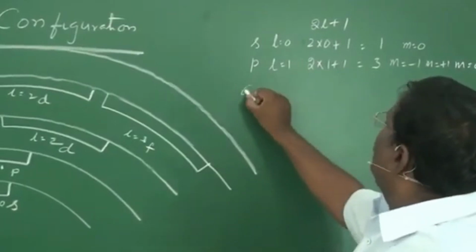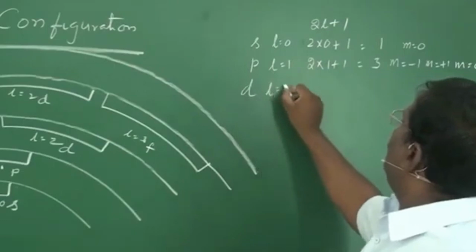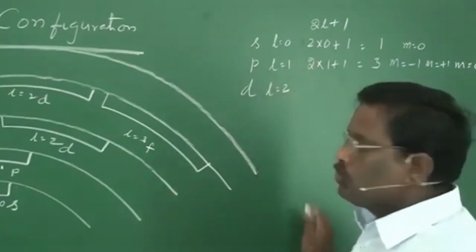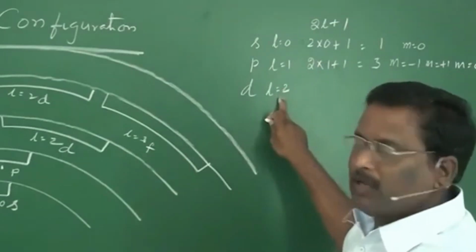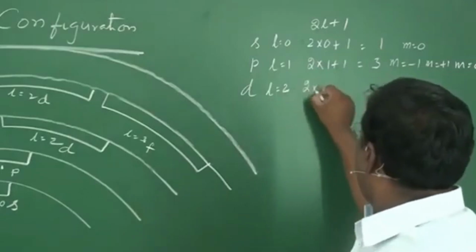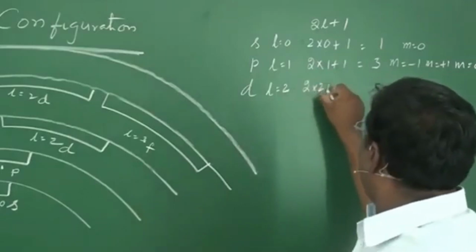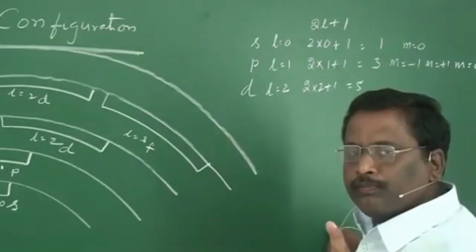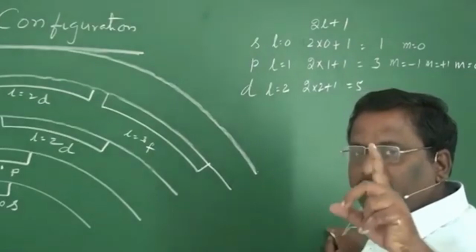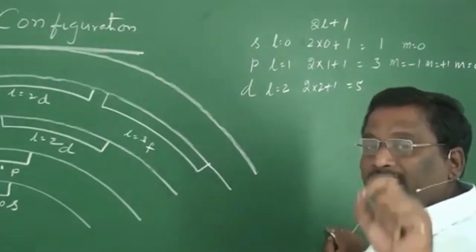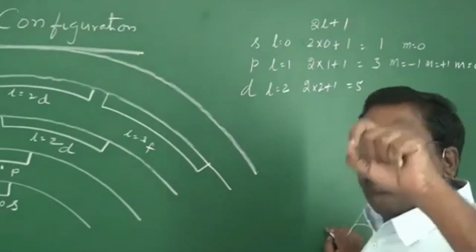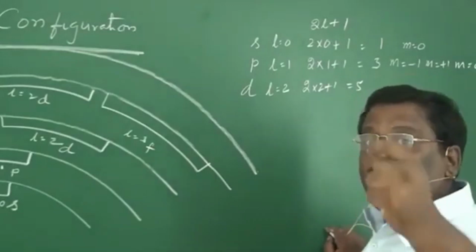Similarly, if D sub-energy level is there, L is equal to 2. So the number of orbitals present in D sub-energy level is equal to 2 into 2 plus 1, that is 5. So it has 5 M values. There are 5 D orbitals in D sub-energy level with 5 M values.